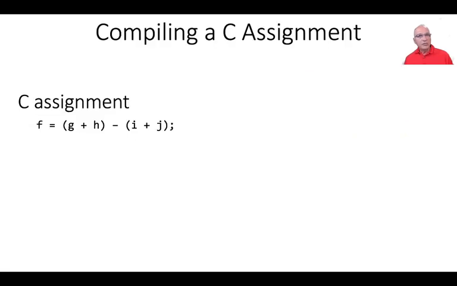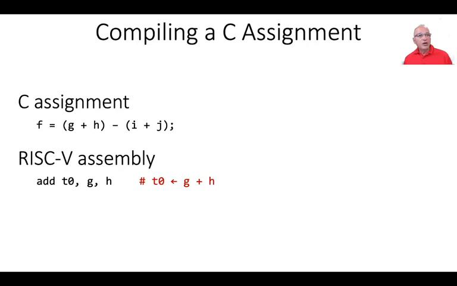Now let's see how we generate the assembly code for a simple C assignment statement. So in this C statement, we have to first compute the value of G plus H. We're going to do that and put the result in the temporary register that we're going to use, T0, for this.